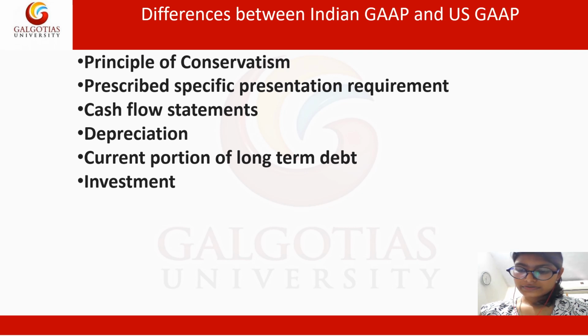However, when it comes to US GAAP, the cash flow statements are mandatorily made for every company for 3 years, for the current year and 2 previous years.